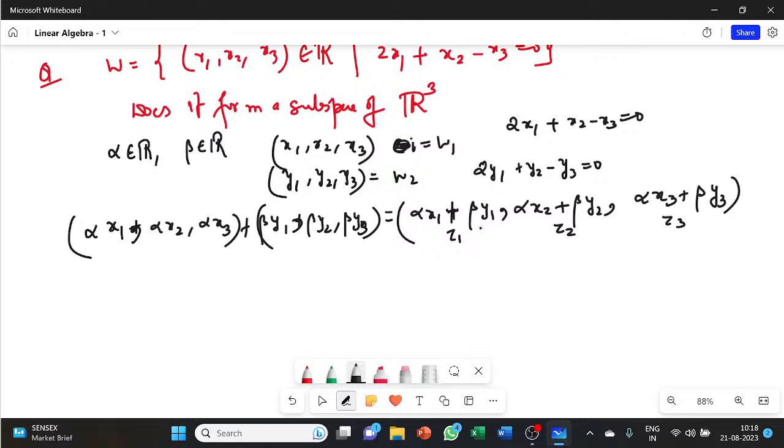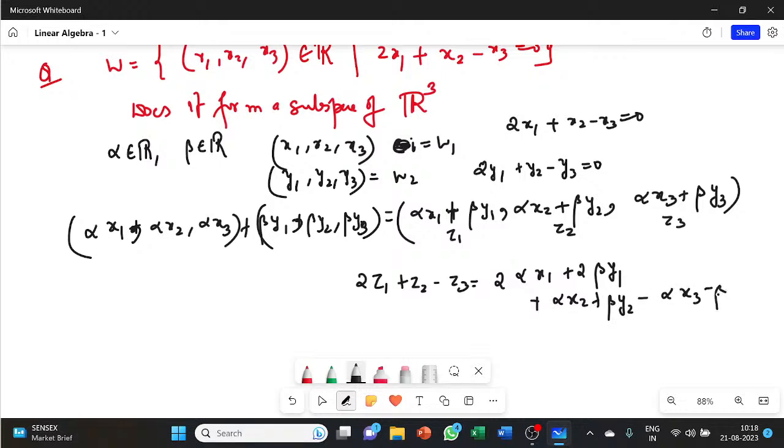Only if 2z1 plus z2 minus z3 is equal to 0 can we say that this belongs to W. So let us calculate 2z1 plus z2 minus z3. It is equal to 2 times alpha x1 plus 2 times beta y1 plus alpha x2 plus beta y2 minus alpha x3 minus beta y3, right?